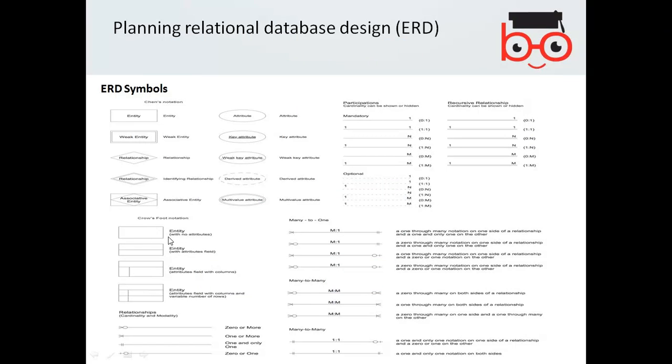There are also association, entity with attribute fields, entity without attribute fields, and many other things, like the oval for an attribute and the underline for a key attribute, and participations like 1 to 1, 0 to 1, 1 to many, and recursive relationships.